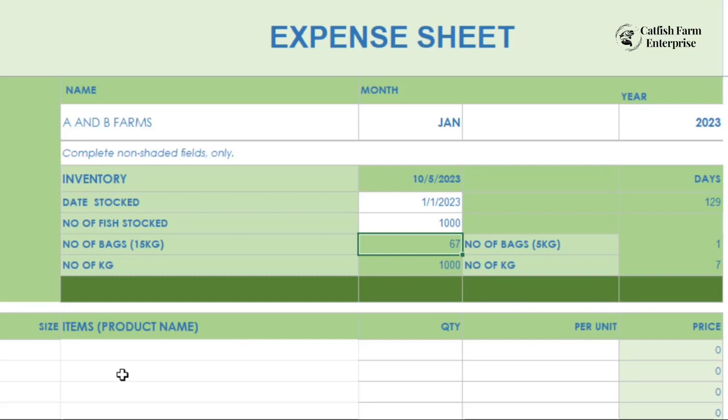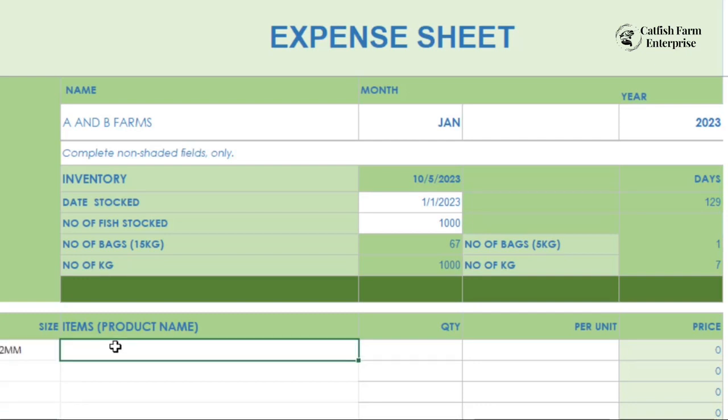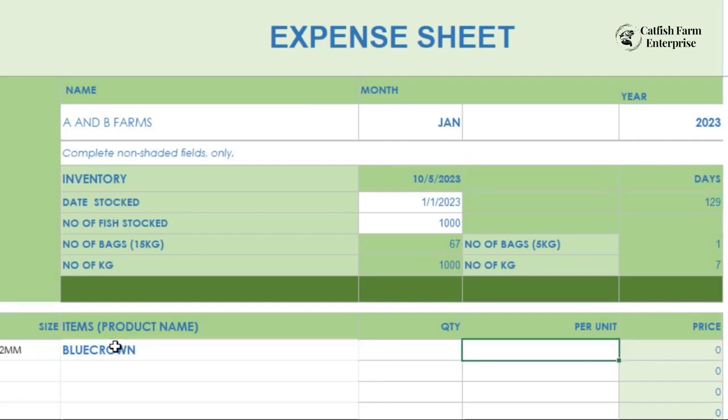Then we'll now go to the product. When you buy your feed, these are the expenses you are making in the farm for the running of the cycle. What is the size of feed you are buying? Let's say you go for the 2 mm and you buy a product like the Blue Crown. You bought 2 bags at the rate of 12,000 each.